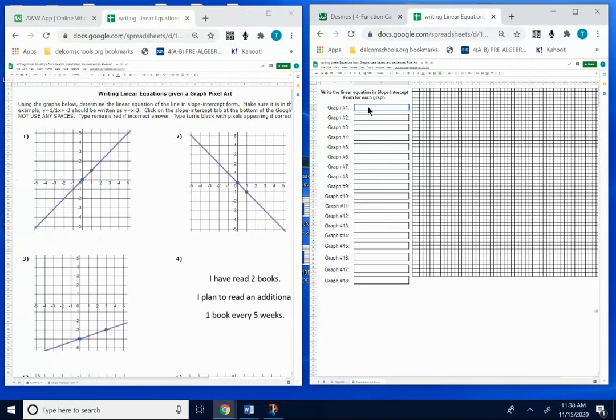Instead of 1x, type in x, and don't type in plus 0 because it doesn't need to be there. You type in y equals x. It's going to be red. Push enter on your keyboard. If you did the right thing, you're going to have some colors pop up on your picture. So you do that with all of these.